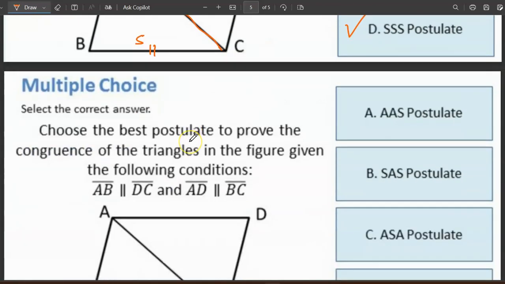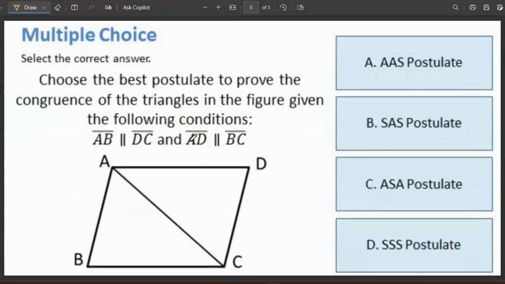Then the last one. Alright. Segment AB is parallel to DC. So this is parallel to this. And AD, this one, is parallel to BC as well. So what do we have here?